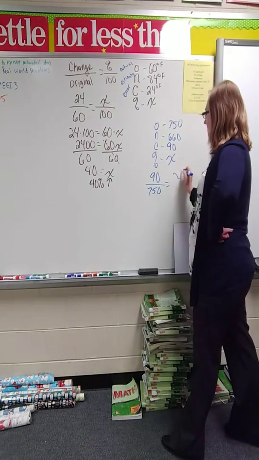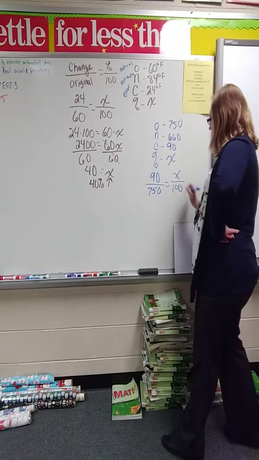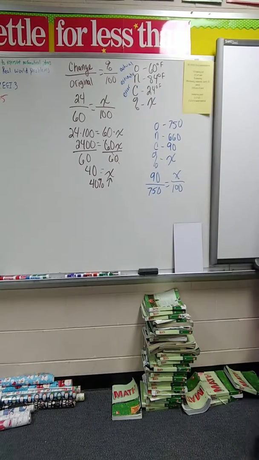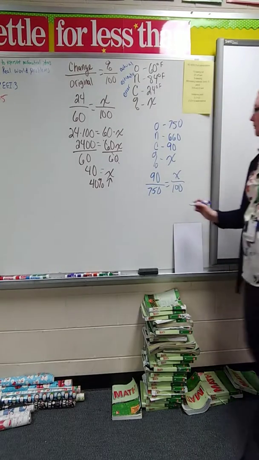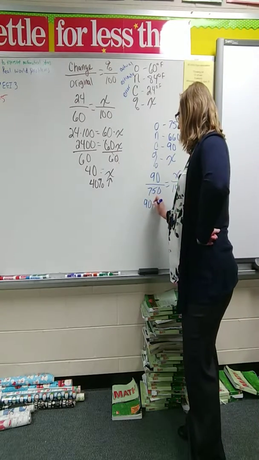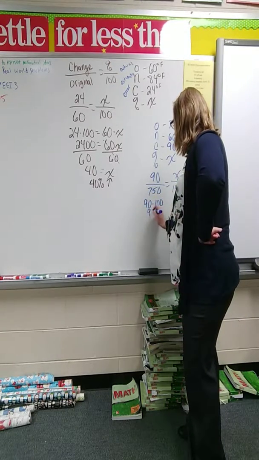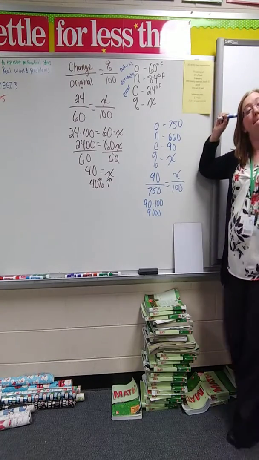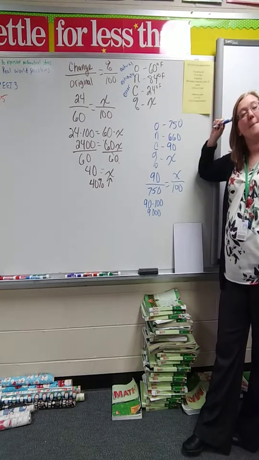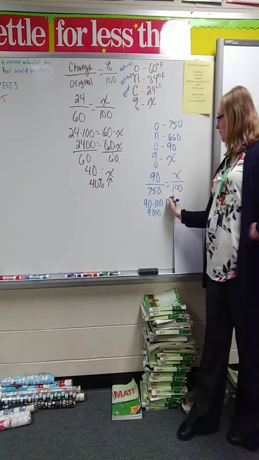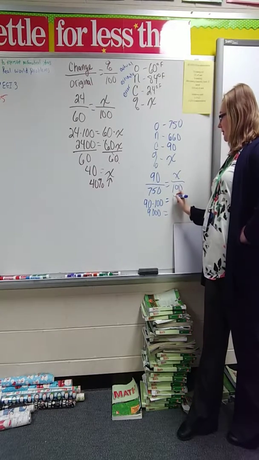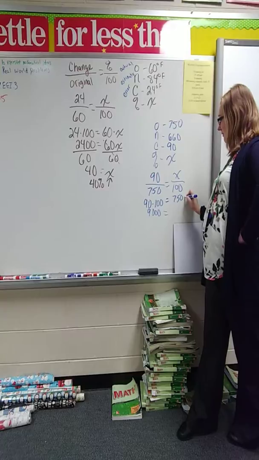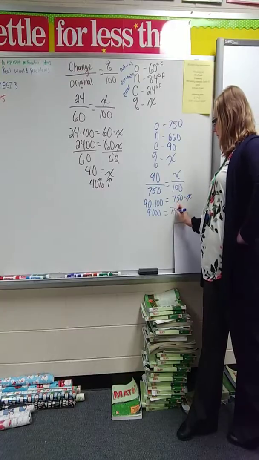That equals some percent out of 100. What do I do? 90 times 100. 9,000. Okay. I don't know what to do with that. Oh. Now you have to do 750 times x, which is 750x.